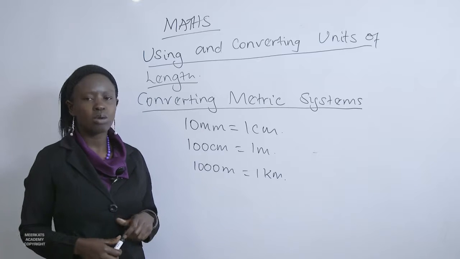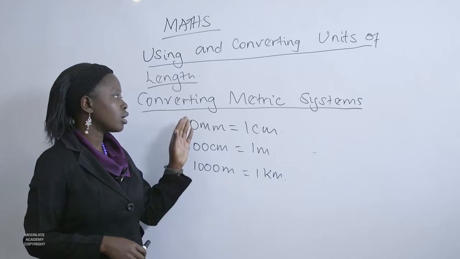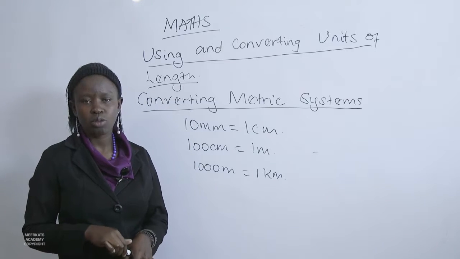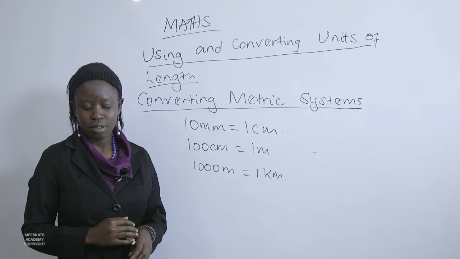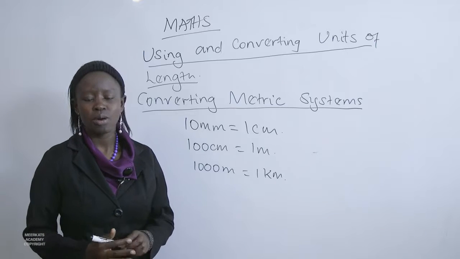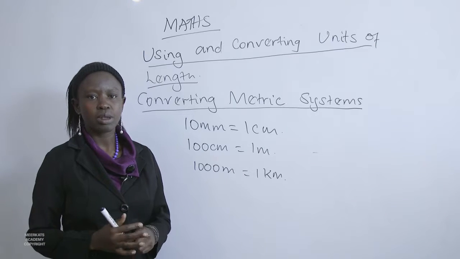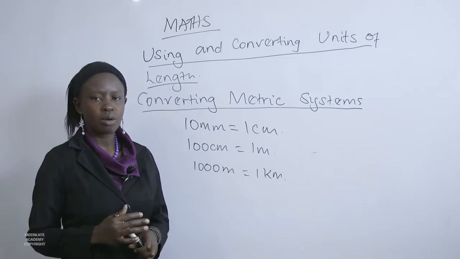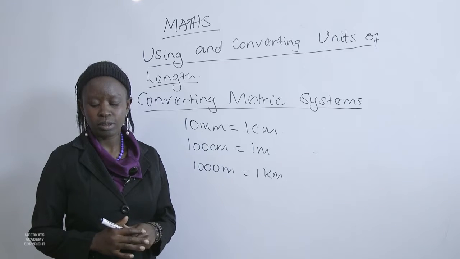So how do we go about the conversion? So let us just look at the conversion of the metric systems. So we'll deal with it using a question so that we are able to understand how we can convert from one unit to the other.